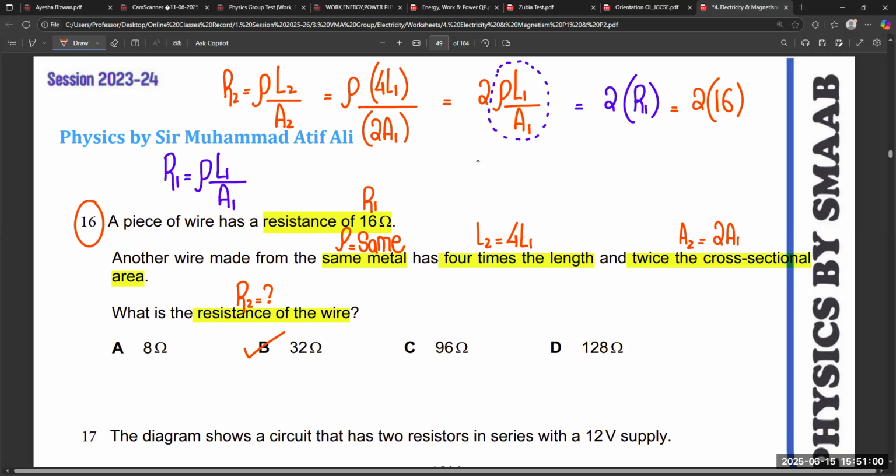So we have to use the same formula, only shuffling the quantities in a different pattern compared to the previous question. Because in the previous question we had multiple values given, but right now we have only limited values given. So this is the only difference.